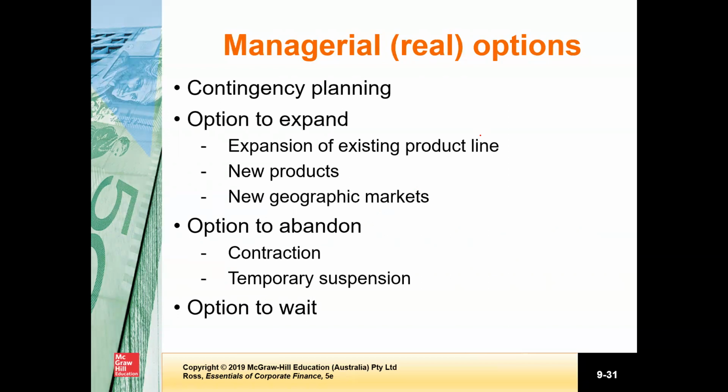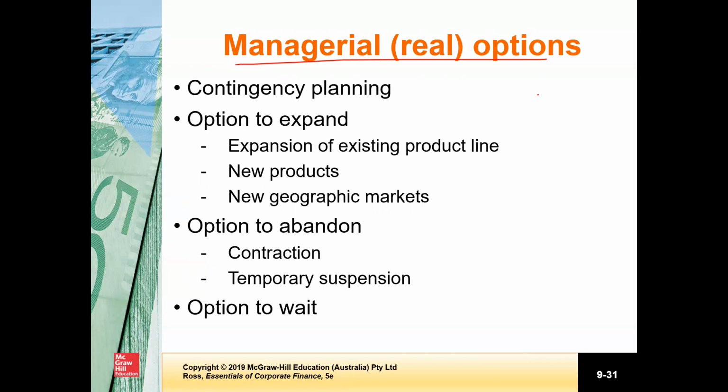For this reason, we say that our analysis is static. In reality, depending on what actually happens in the future, there will always be ways to modify a project. We will call these opportunities managerial options or real options, because they involve real assets.